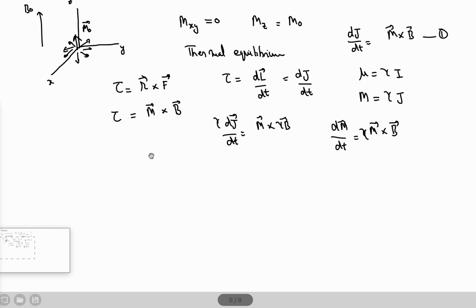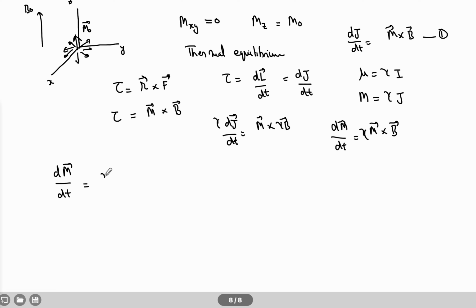All right, now let us see what this cross product is. The left hand side is the rate of change of the magnetic moment, how the magnetic moment is changing in time, and the right hand side is M cross B. We want to see whether the magnetic moment is changing or not.